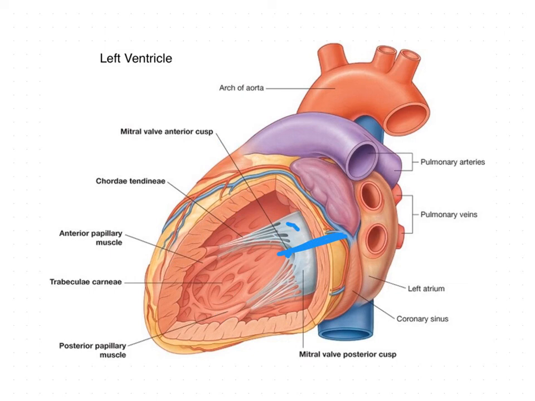This one is the anterior cusp and this one is the posterior cusp of the mitral valve. Both terms are the same. The other is the aortic orifice, guarded by the aortic valve, which is a semilunar valve, the same as in the pulmonary valve. So these are the two openings present in the left ventricle.